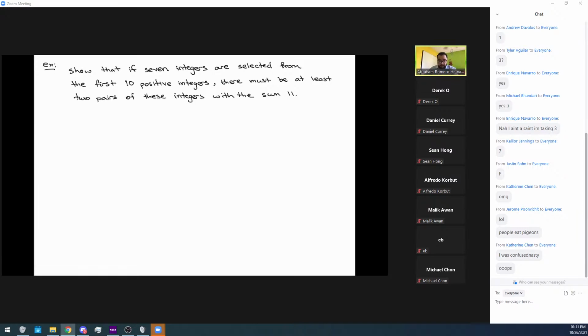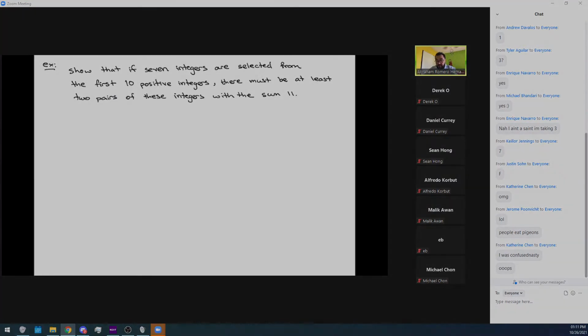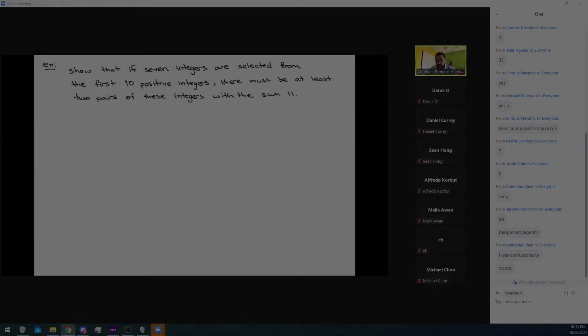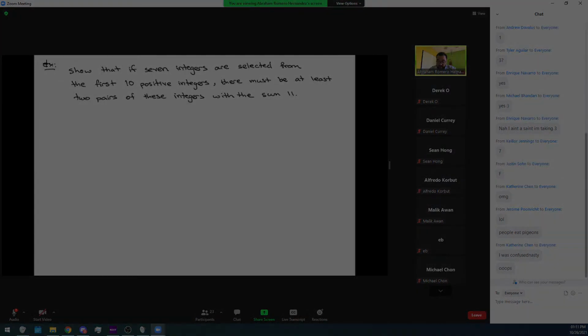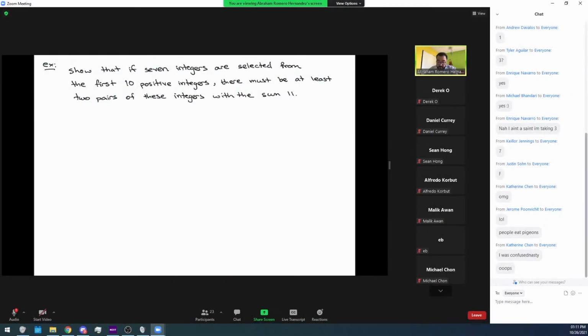So let's write this out. Show that if 7 integers are selected from the first 10 positive integers, there must be at least 2 pairs of these integers with the sum 11. While we're reading this, obviously I'm reading it a bunch of times because I'm trying to understand it. And that happens in math. You really have to read a bunch of times.